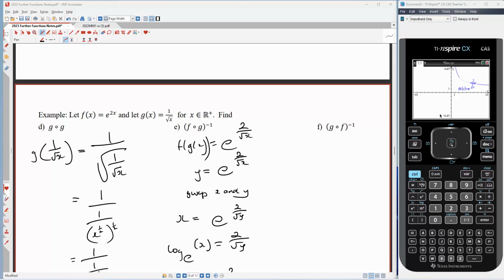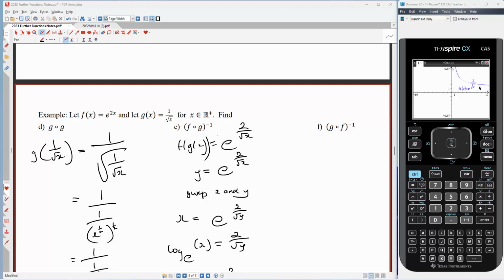Okay, so I think I've got this. If you imagine x getting extremely large, let's just go 1,000,000. We square root it, it's still going to be large. 2 over a large value will be very small, i.e. close to 0. And e to the 0 is 1. So this is going to approach 1.